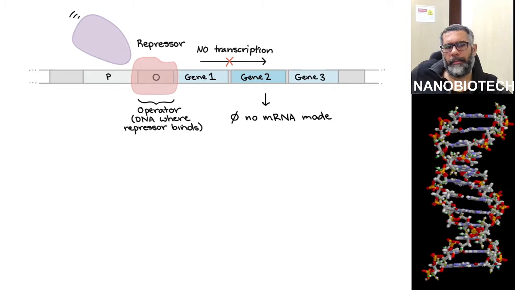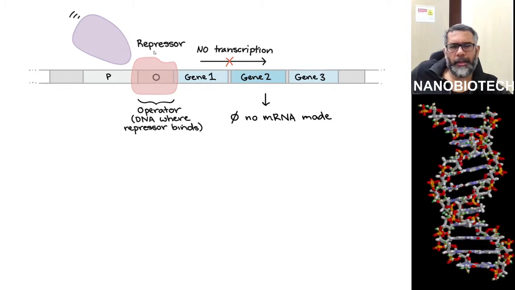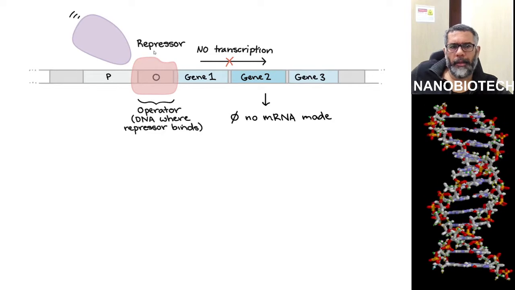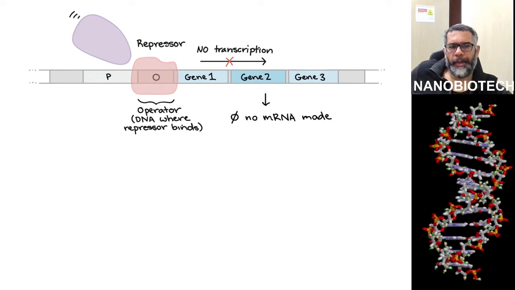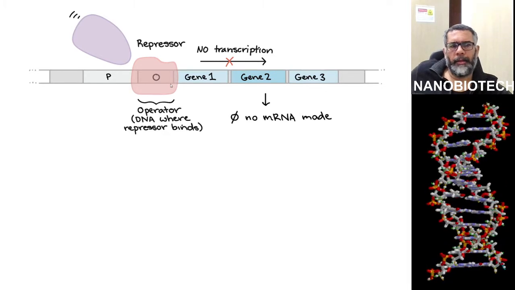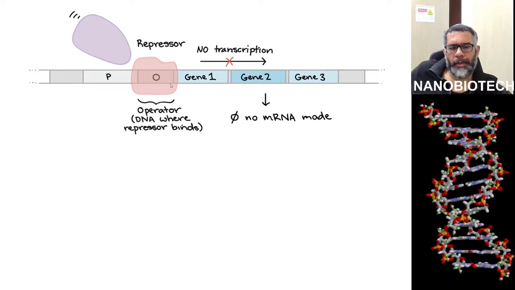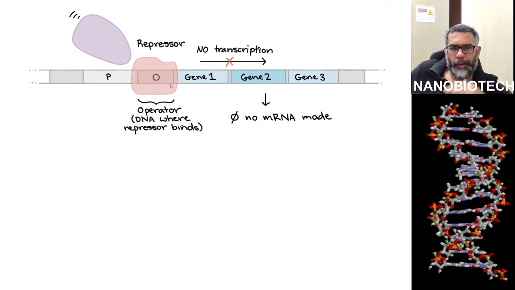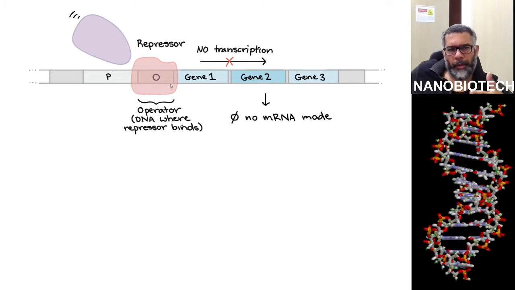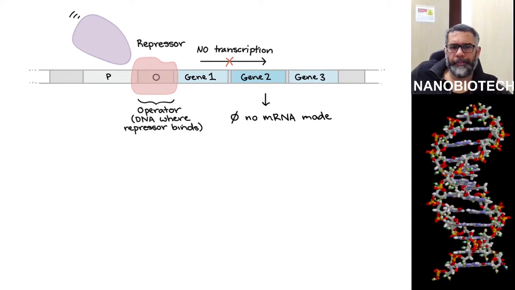Some regulatory proteins are repressors that bind to pieces of DNA called operators. When bound to its operator, a repressor reduces transcription, for example, by blocking RNA polymerase from moving forward on DNA.